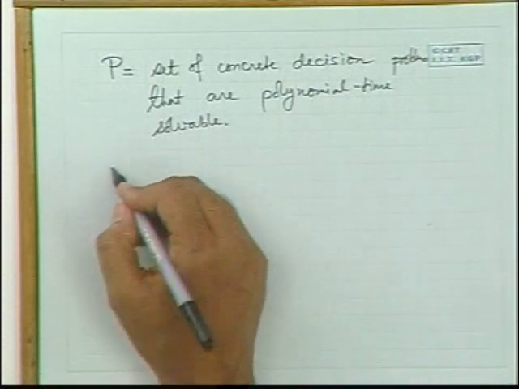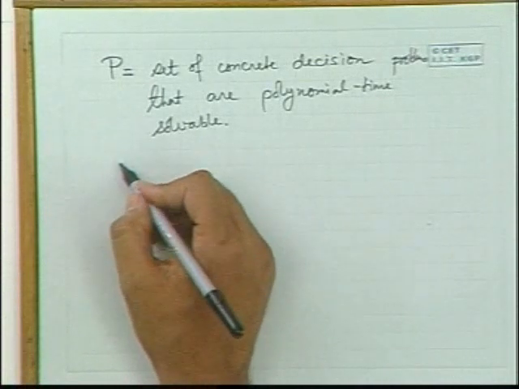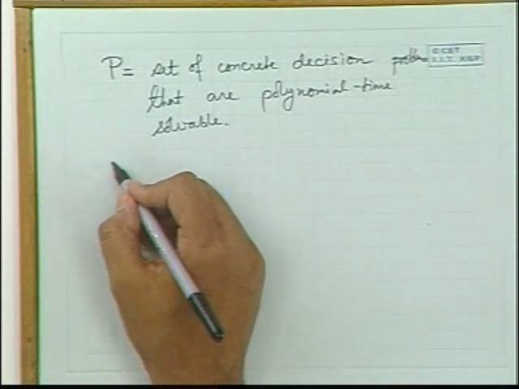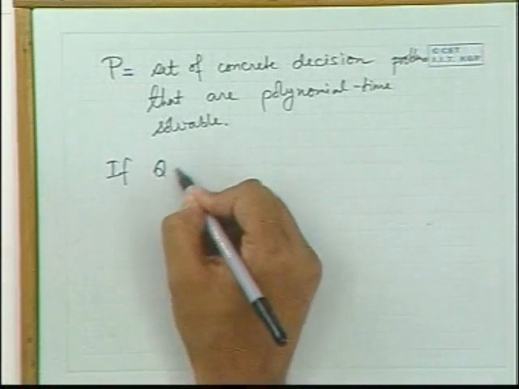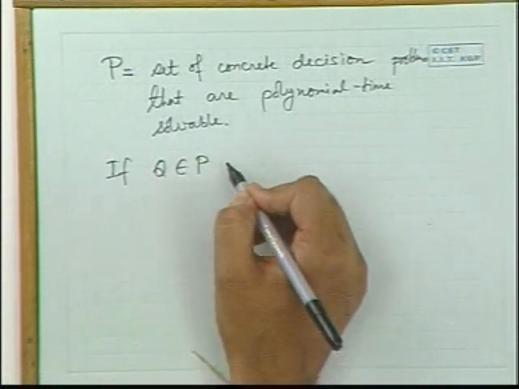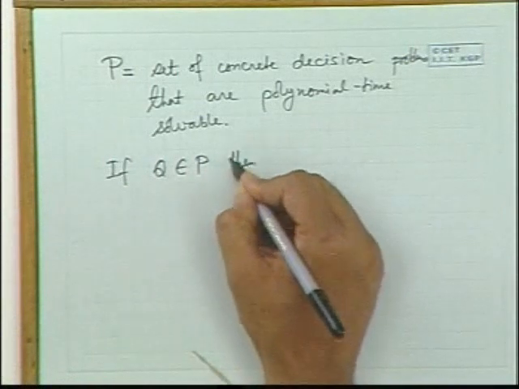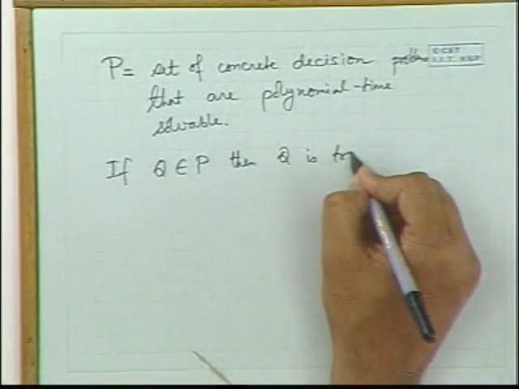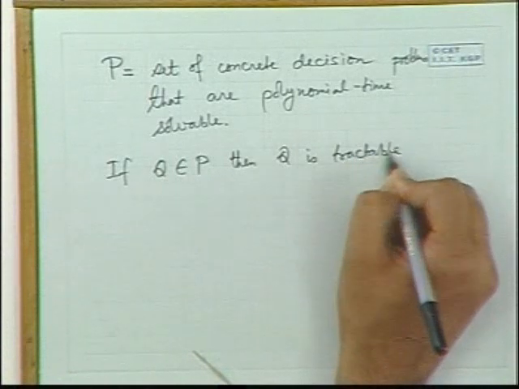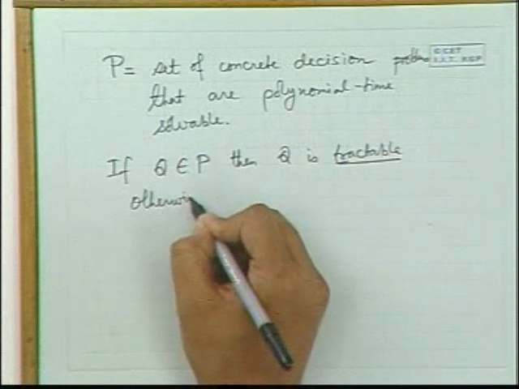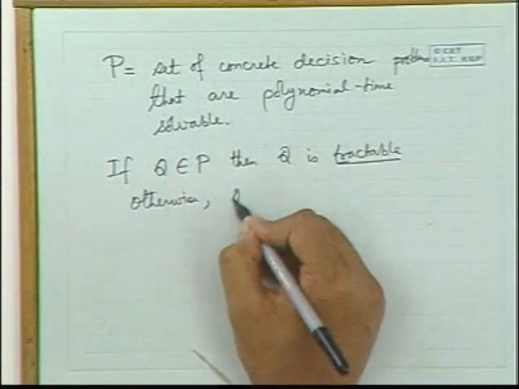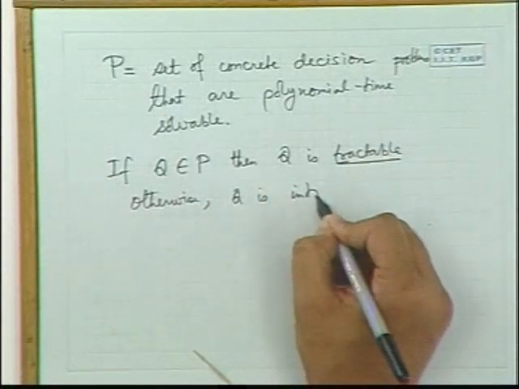Sometimes people use some other notation, and I'll just tell you those notations so that you don't get confused. If Q belongs to P, that is polynomial time solvable, then people sometimes say Q is tractable. Otherwise, sometimes they say Q is intractable.